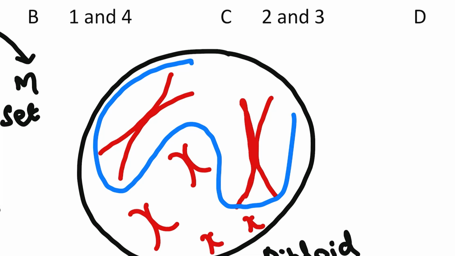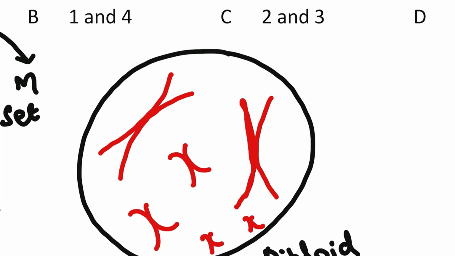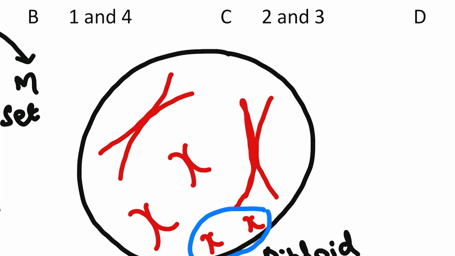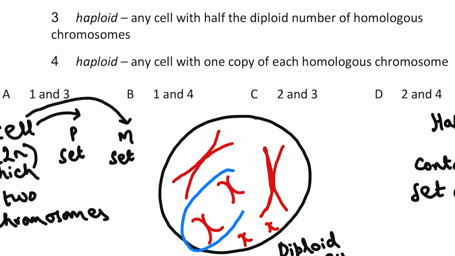One is this pair of identical chromosomes, one is this pair of identical chromosomes, and one is this pair of identical chromosomes. So guys, if you see identical chromosomes in a cell, then that cell is diploid. These identical chromosomes are known as homologous chromosomes. So guys, this pair is known as the homologous chromosomes. So in the diploid cell, you will always find homologous chromosomes. This is how you recognize a diploid cell.